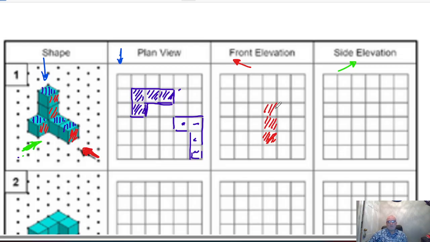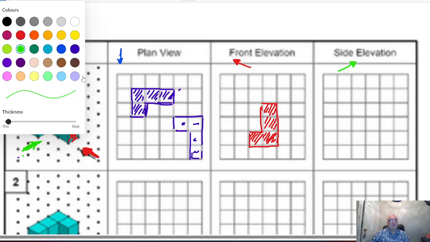Looking from this point here, I've got 1 more I can see, which is on the left hand side of that square on the bottom row. Very similar to the plan view, but this has to be with the 2 squares on the bottom. If I did it a different orientation, I wouldn't get the marks for it.